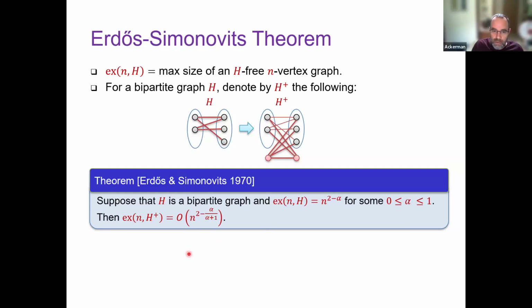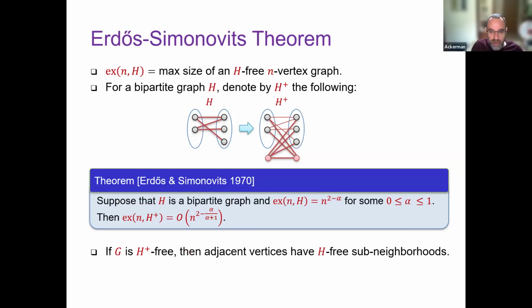Okay, so note that if your graph is H plus free, then it means that adjacent vertices have H-free sub-neighborhoods, because otherwise you get H plus as a subgraph. So basically it says that if the sub-neighborhoods are sparse because they are H-free, then you get the global sparseness of the entire graph because of H plus freeness.